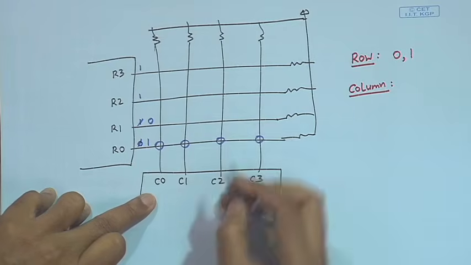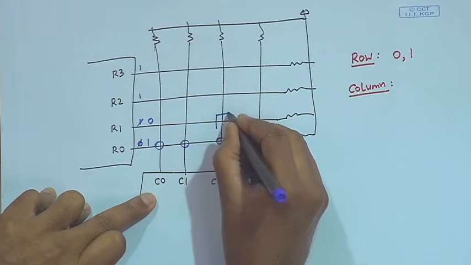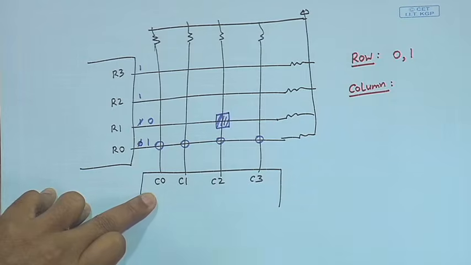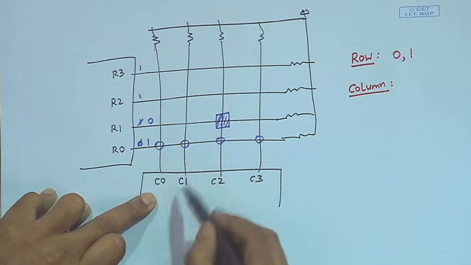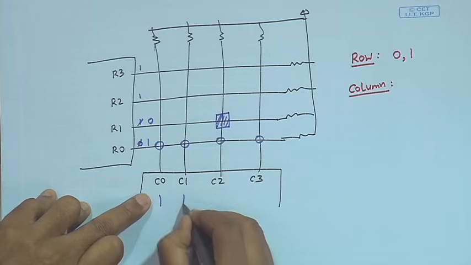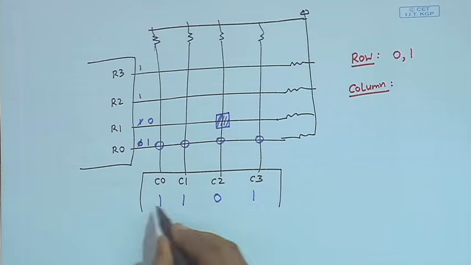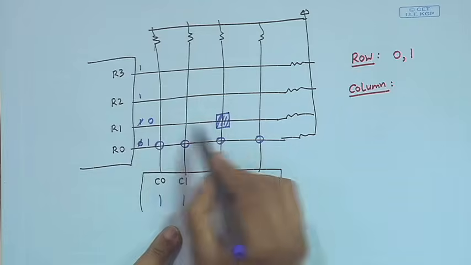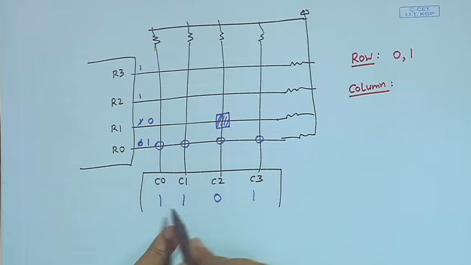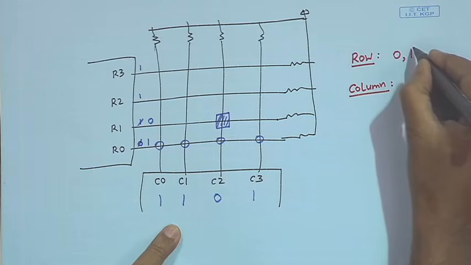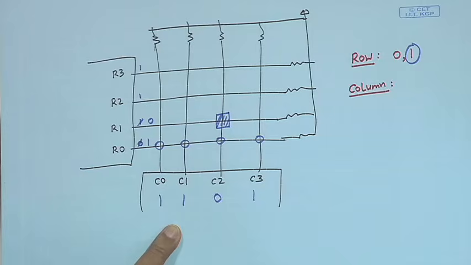So, suppose I had pressed this key. In row 1 it will get detected. I am reading something which will be 1 1 0 1, because this will be shorted and 0 will be coming here. This is not all ones. Now I have identified the row number: a key has been pressed in row number 1.